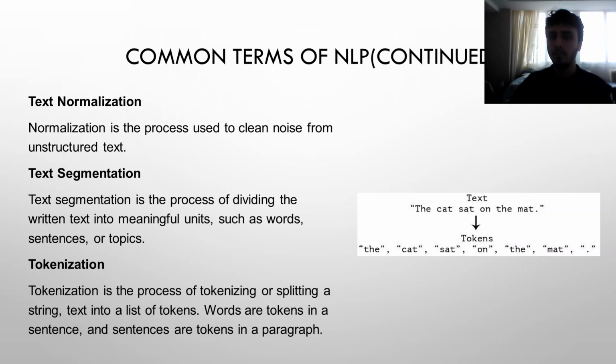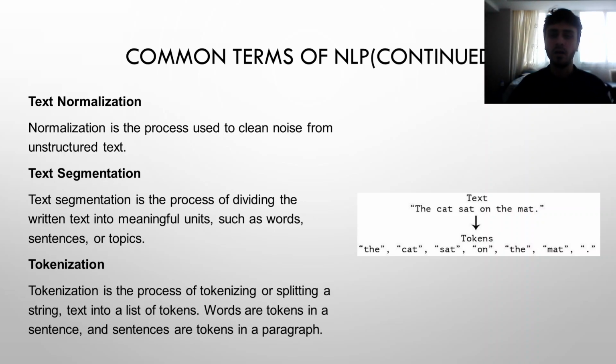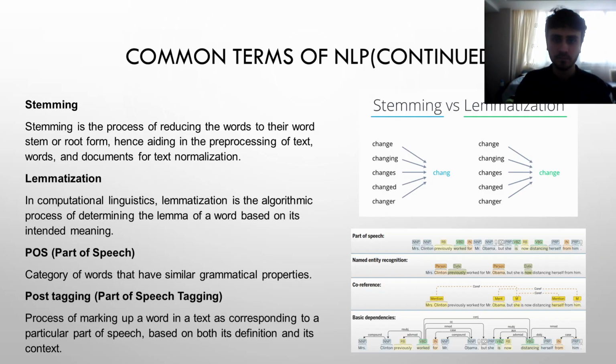The cat sat on the mat. You can see punctuation is also divided as a token. And because of that, you generally delete punctuation before working on the text, but it also causes meaning loss.